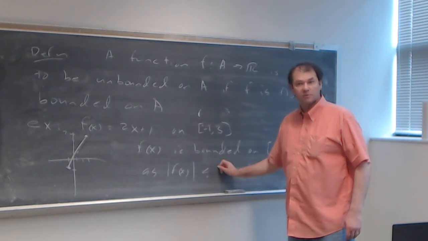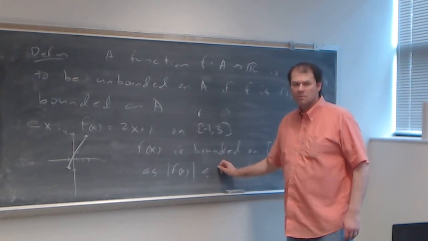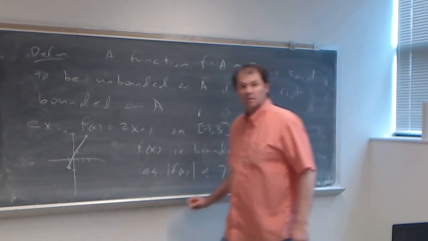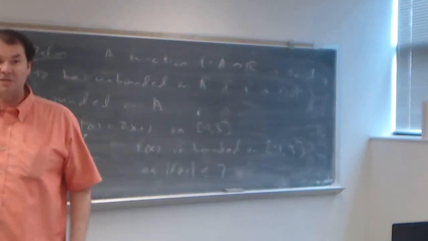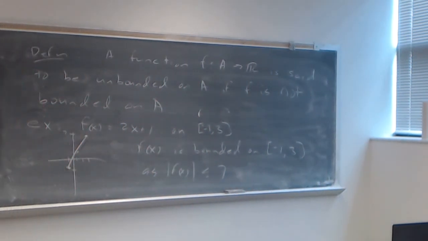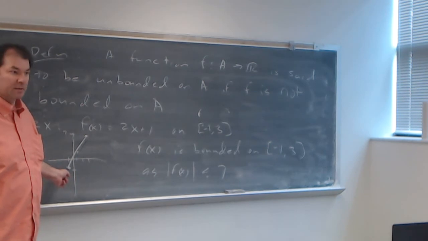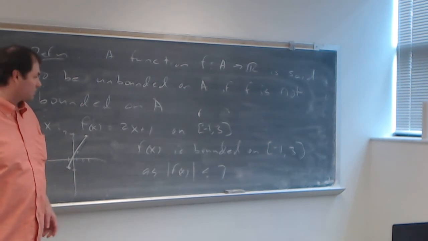What number could you give me? 7 is right. 2 is not right. 10 works too. 7 is good, I'm going to write 7. 2 is no good because the function gets above 2. You have to watch out for the negative part, but the absolute value of the negative part only reaches 1. That's true.